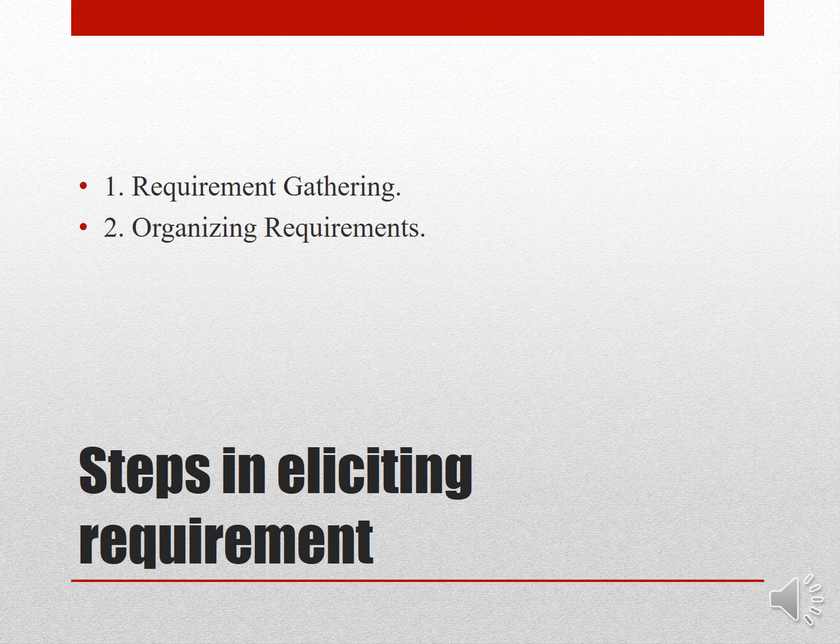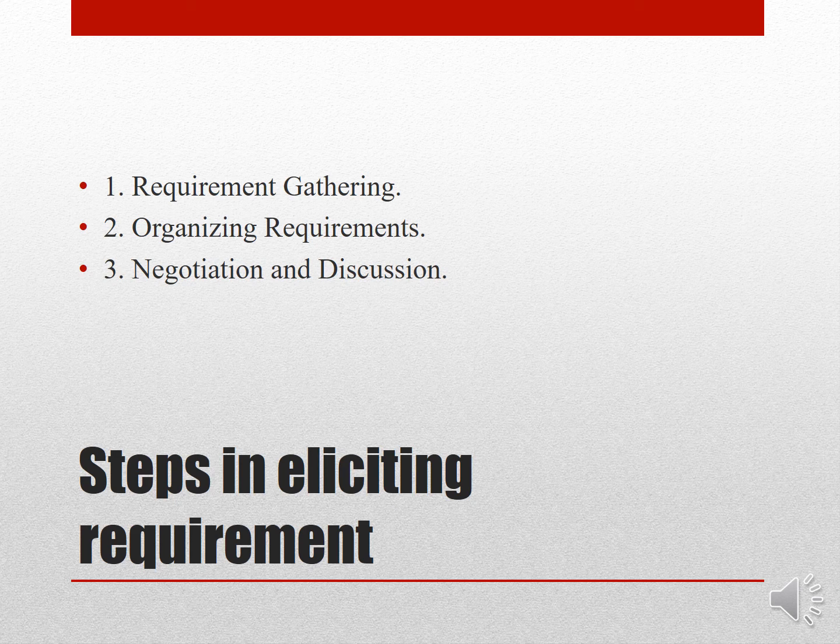Then the third step is negotiation and discussion. If the requirements are ambiguous or redundant, or there are conflicts in the requirements of various stakeholders, they are negotiated and discussed with the stakeholders. The requirements may then be prioritized and reasonably compromised.